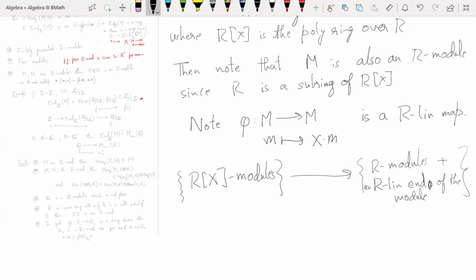So I gave you a way to go from an R[x] module to this, and the point is that this is reversible.